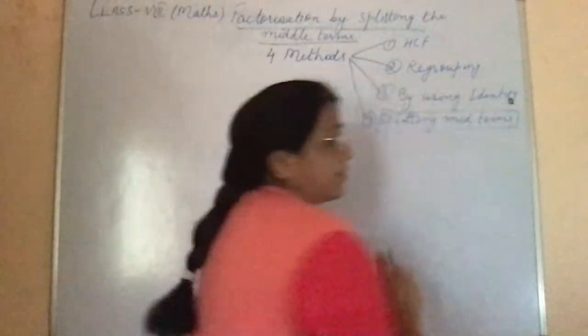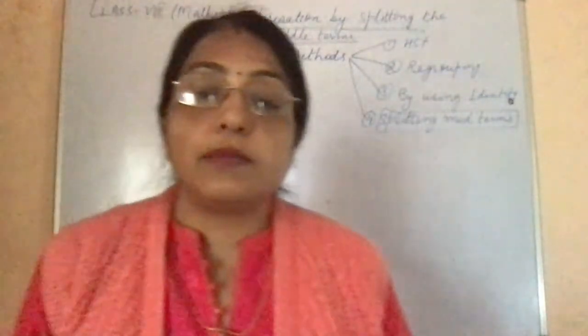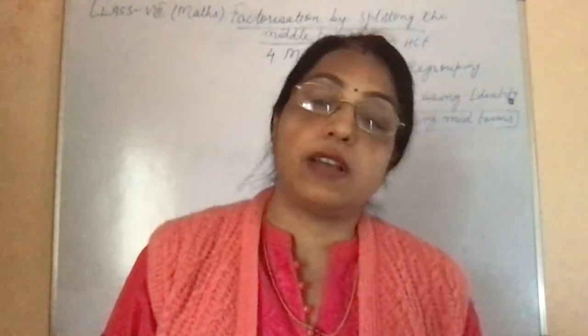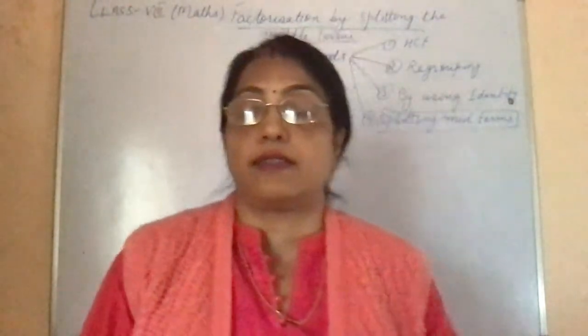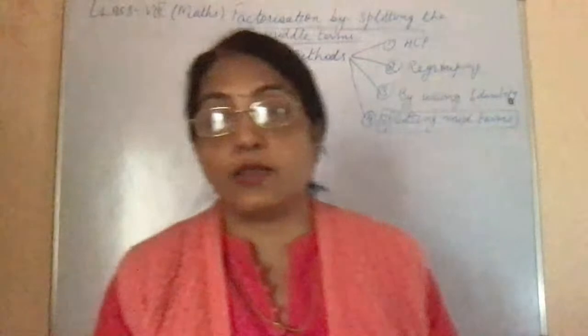We are doing this today. Splitting the middle term. So when a question is given, how will you understand which method to use? Suppose any equation is given and we have to find out which method we will apply. Then how will you identify? Write down.